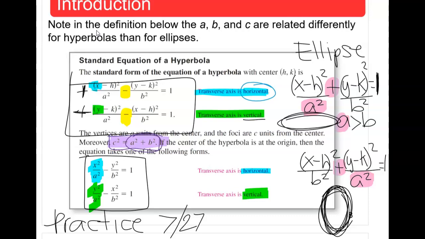If we were to find a squared, we will be doing c squared minus b squared. And if we were to find b squared, we will be doing c squared minus a squared. With the ellipse, the equation was slightly different, and I believe it was a squared equals c squared plus b squared. Is it?